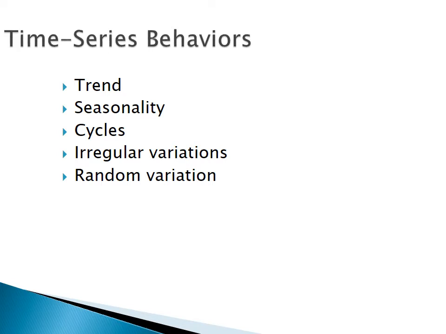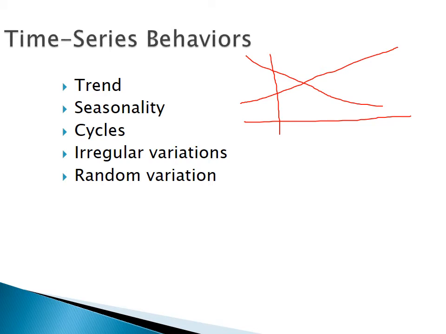The time series behavior can have some trend, seasonality, cycle, irregular behavior, and random variation. The trend is basically an increasing trend or decreasing trend.